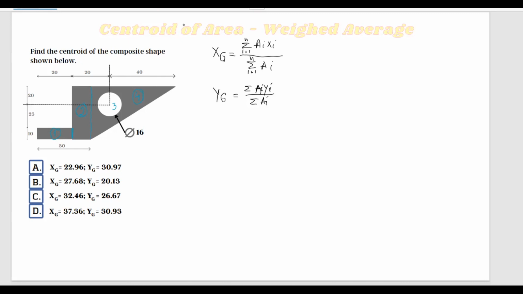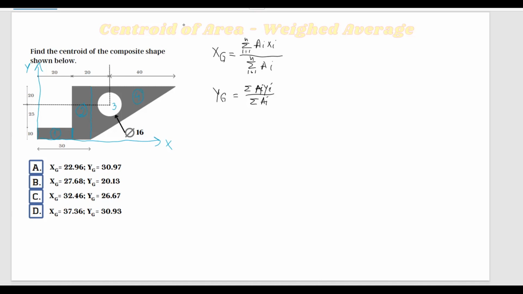To calculate the centroid of this composite shape, we have to assume a coordinate system. You can choose it anywhere you want. I'm going to have it over here. This is X and this is Y.